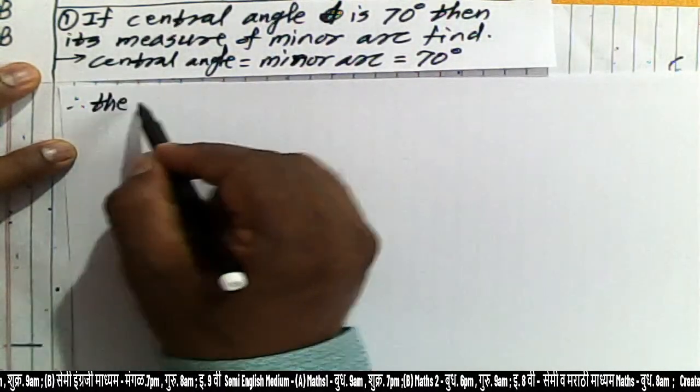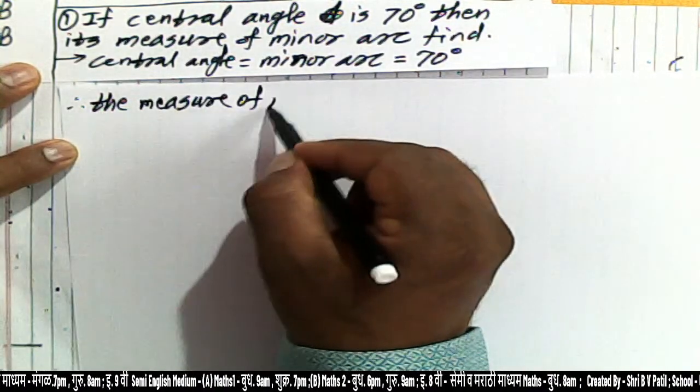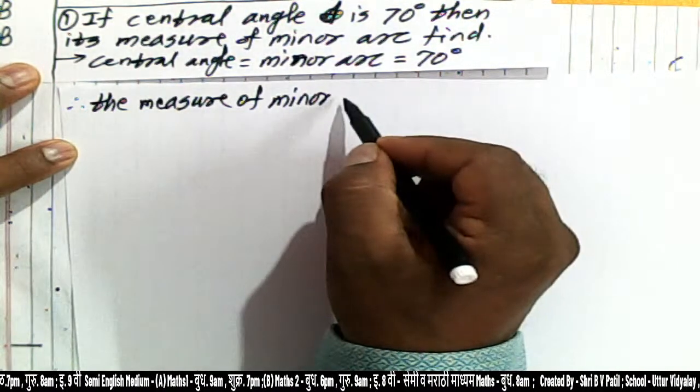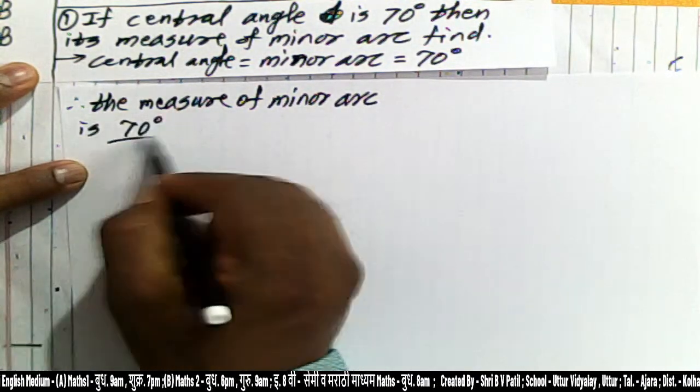Therefore, the measure of the minor arc is 70 degrees.